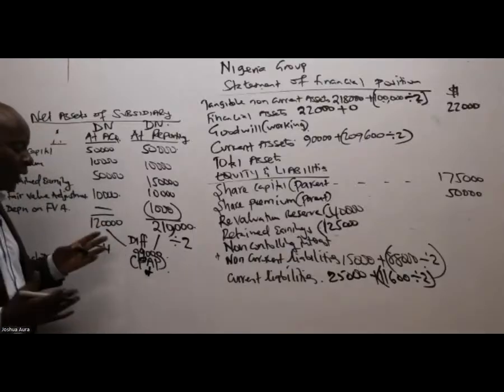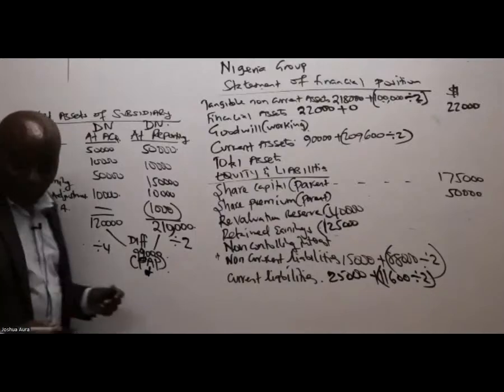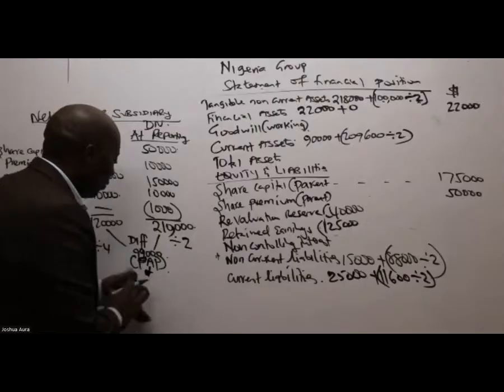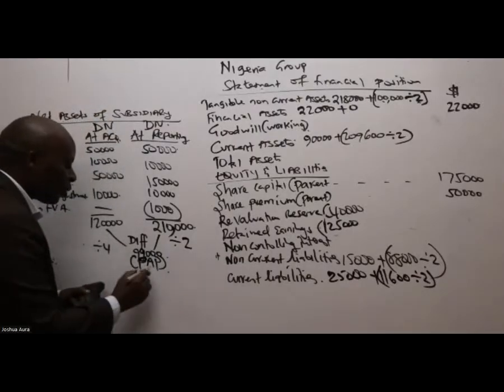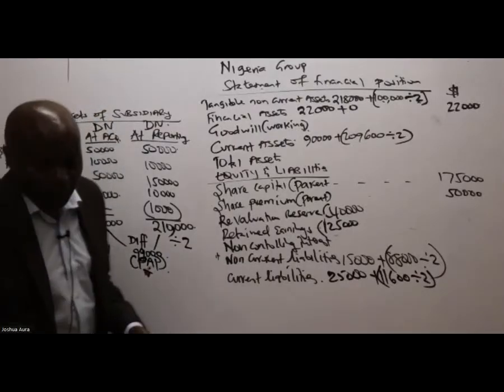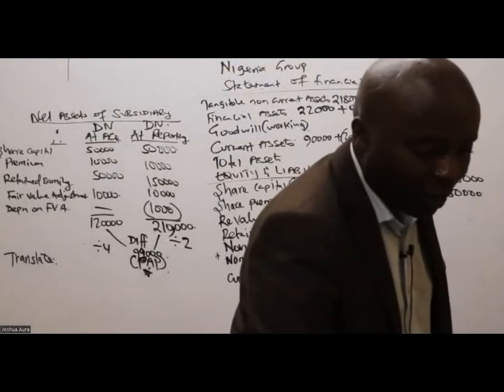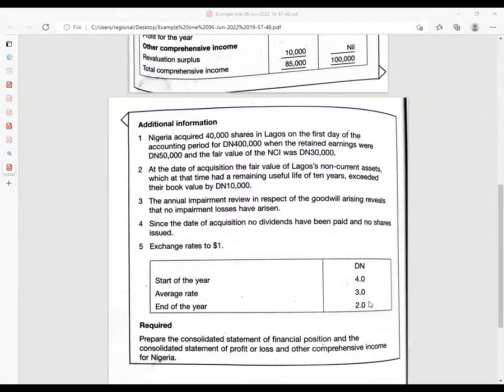So come and look for the average rate, and then we use it here. So divide this by the average rate. The average rate has been provided. It's 3. So divide this by 3.